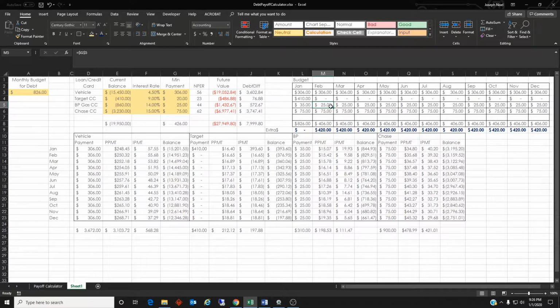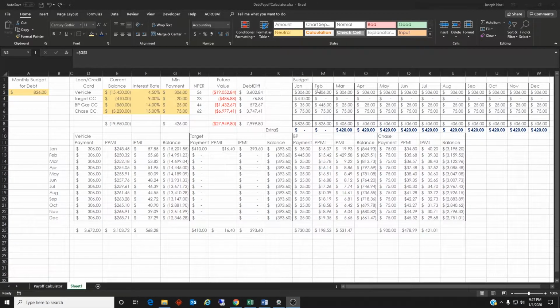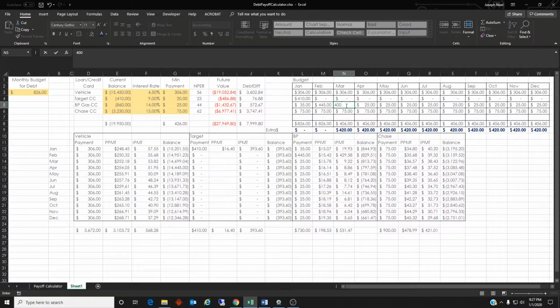So we're going to pay $445 that month. Our current balance, as you can see, uses our additional money for the month. So let's play with March. Say we're going to pay $400 here.